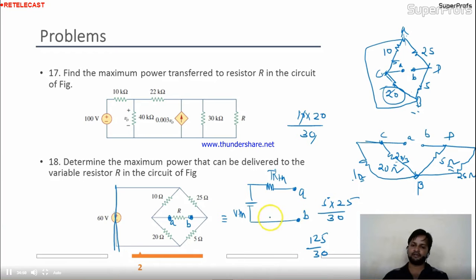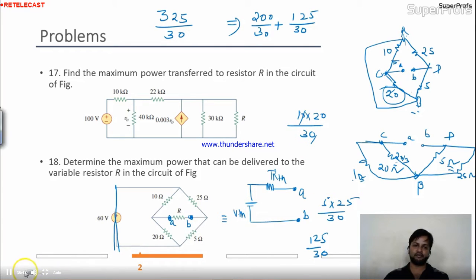So this is 125 by 30, and these 2 are in series. So finally 20 by 3 plus 125 by 30. It means this is 200, this is 300. So finally you are having 325 divided by 30. So this is nothing but the value of resistance RTH over here. 325 divided by 30.